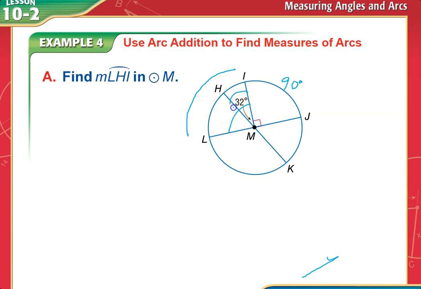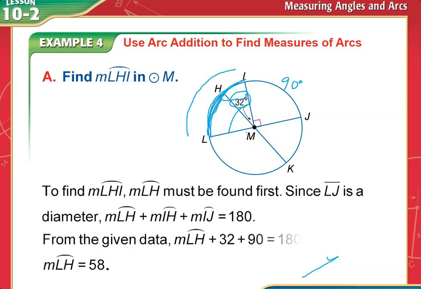And we already have 32 of it. So if we're finding LHI, it doesn't matter that we know it's 32. We know that LHI must also be 90. And arc LH would be 58. So the measurement of LH is 58, but the measurement of LHI would be 90.